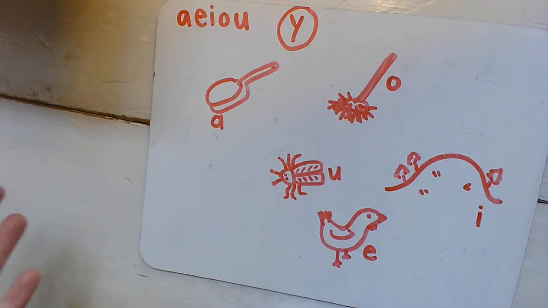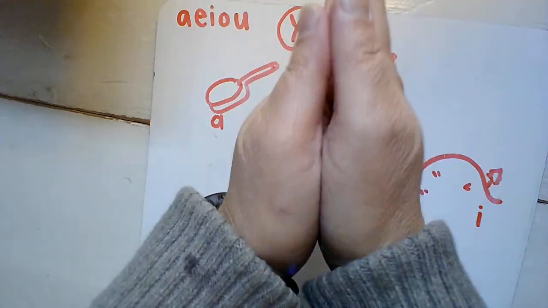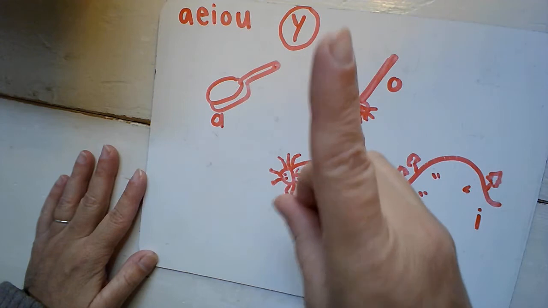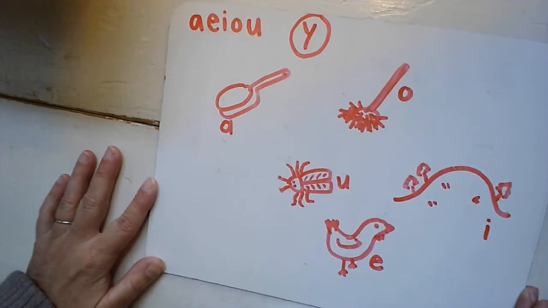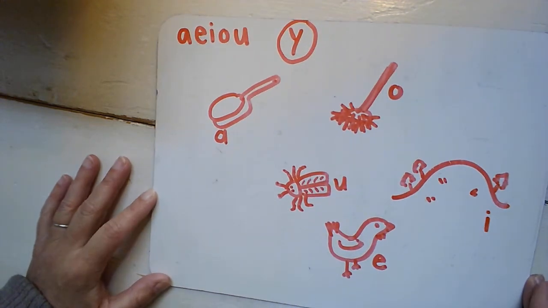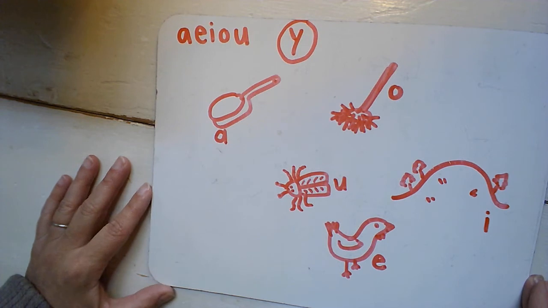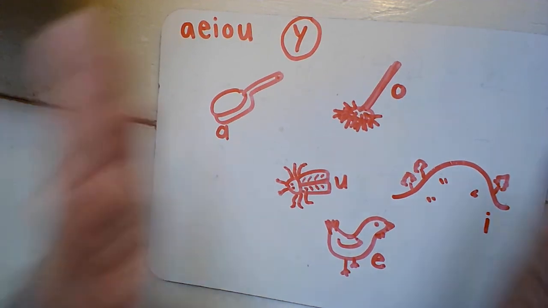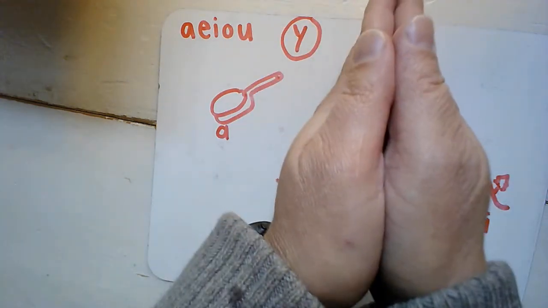Okay. So every word has a vowel, and when you get to the syllables and you figure out how many claps a word is, there will be a vowel in each one of those parts that you clap. So if we say rainbow, that has two syllables, each part has to have at least one vowel. Sometimes there's more than one in a part, but it has to have at least one. Does that make sense? If we said super, two claps.